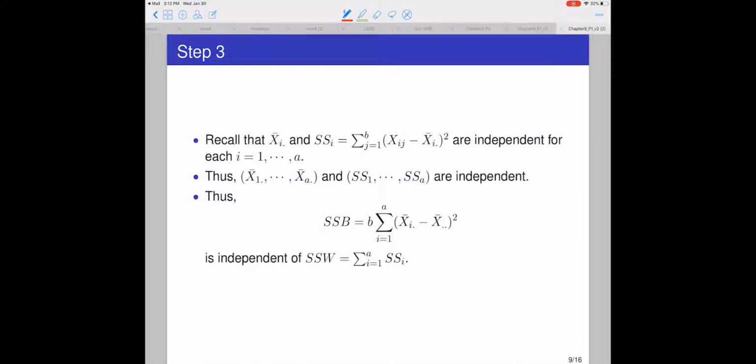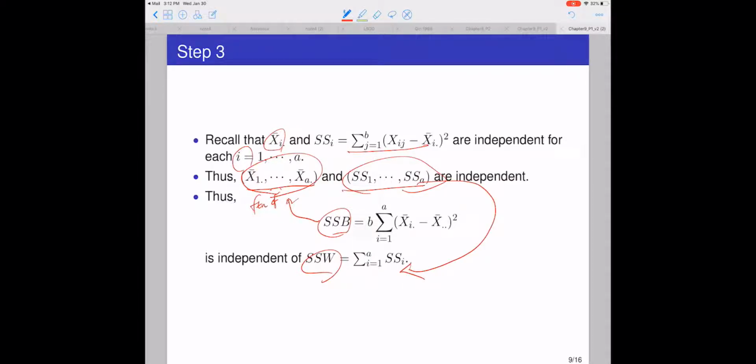And step 3, to show independence: for each I we know that these two are independent, and so overall these two are independent, and this is the function. SSB is a function of this guy, and SSW is a function of this guy, and so these two are independent.